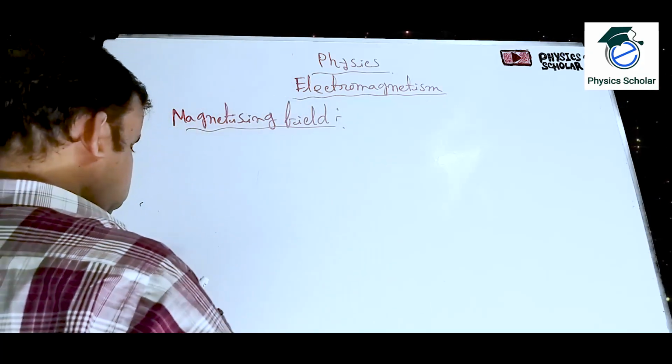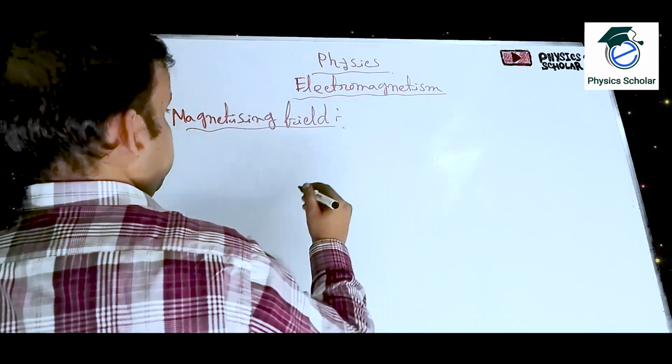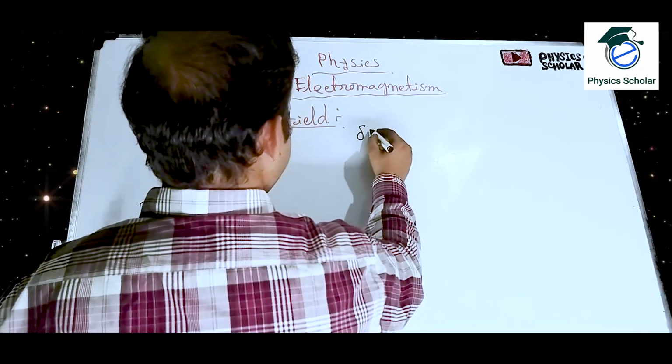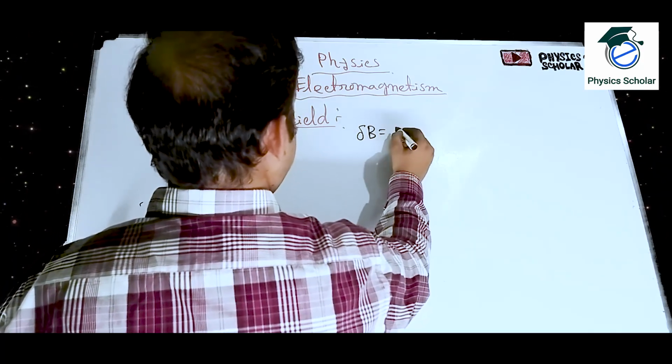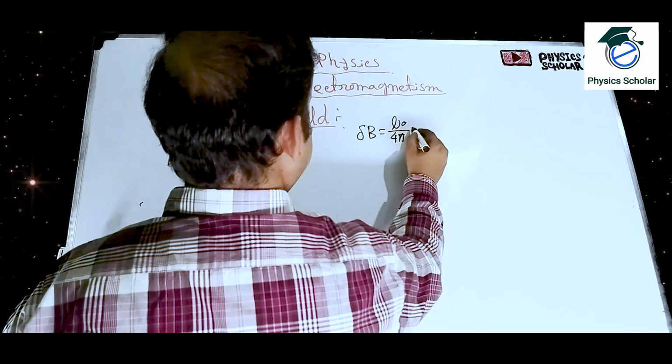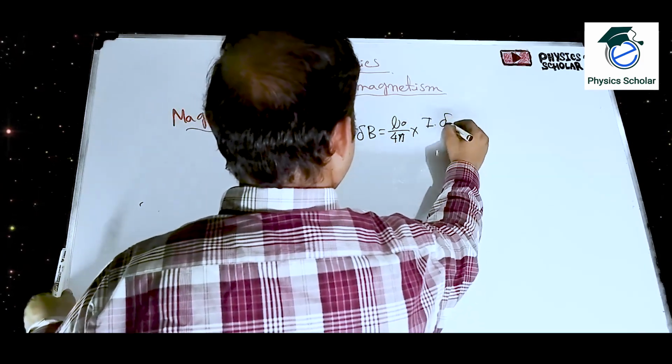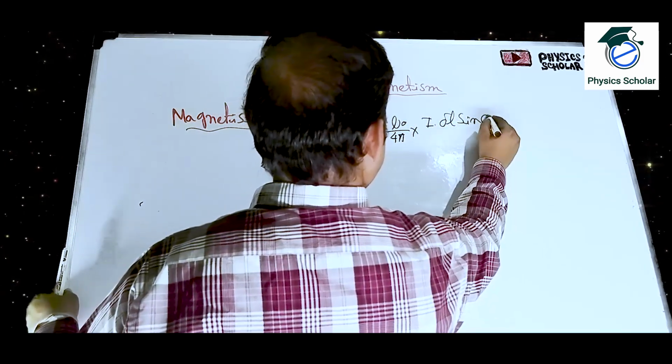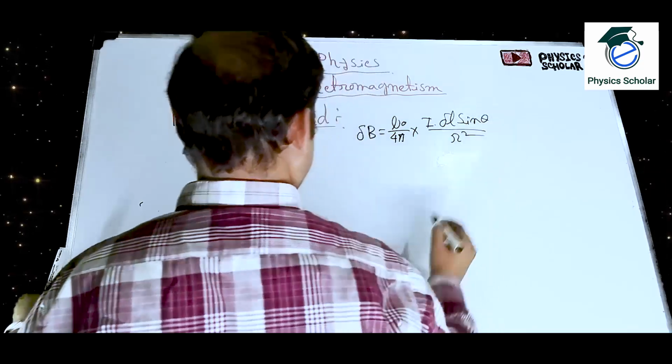So what we know from Biot-Savart's law? Delta B is equal to mu 0 by 4 pi into I into delta L sin theta by r square.